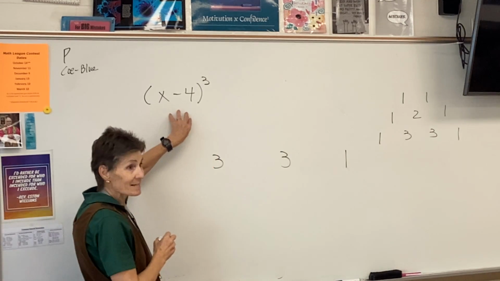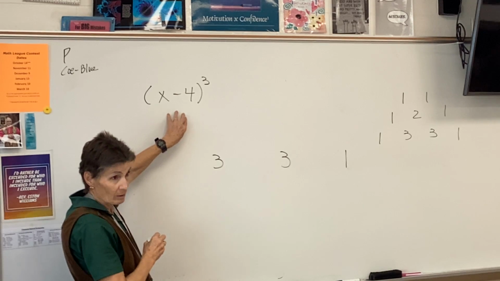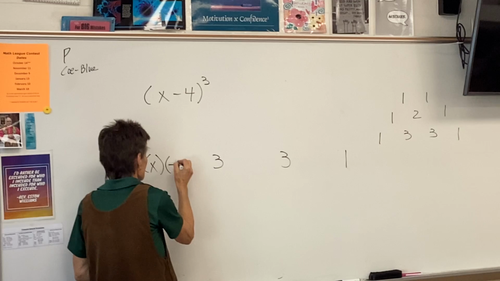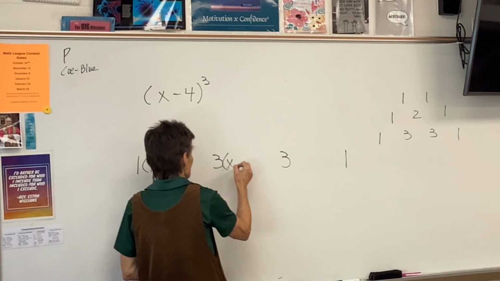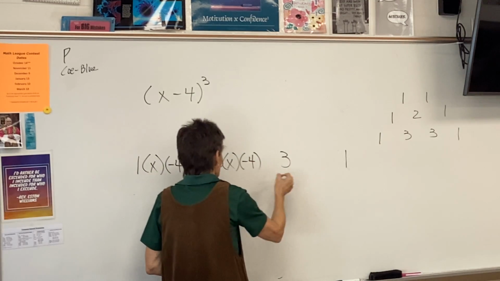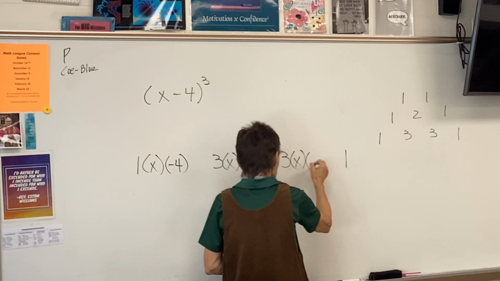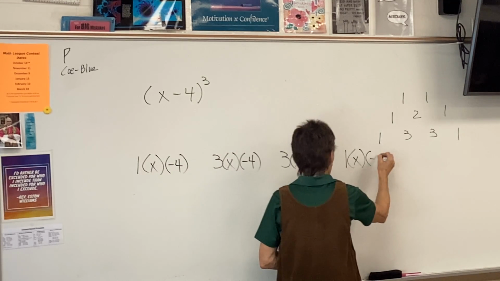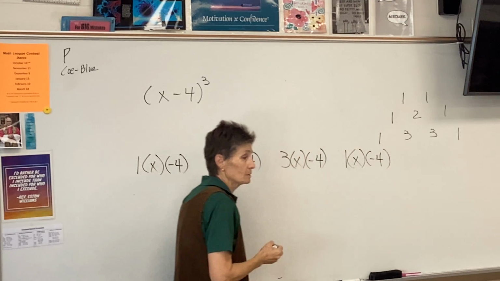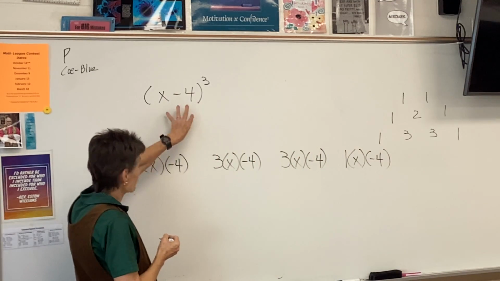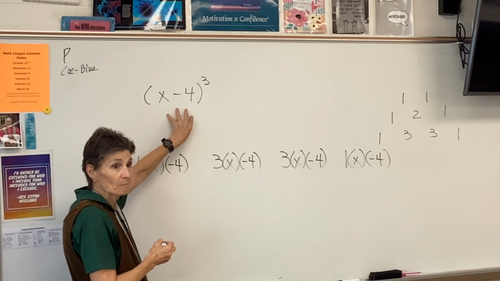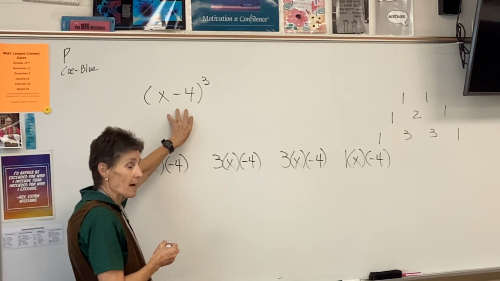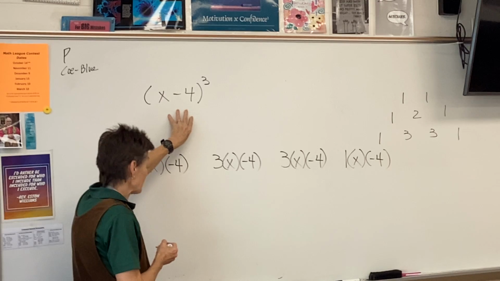Now, since that's my binomial, I'm going to have an x and a negative 4 for each term. Each term is going to have a power of x and a power of negative 4, because those are the two pieces of the binomial. Now, I've got to put my powers on.